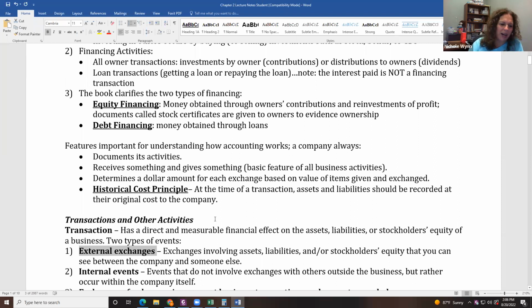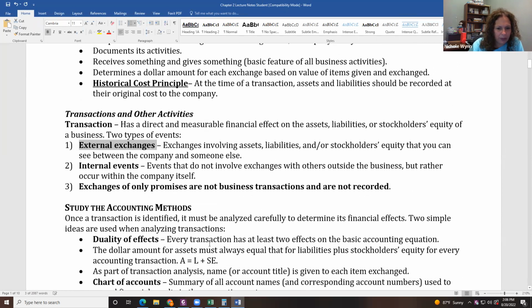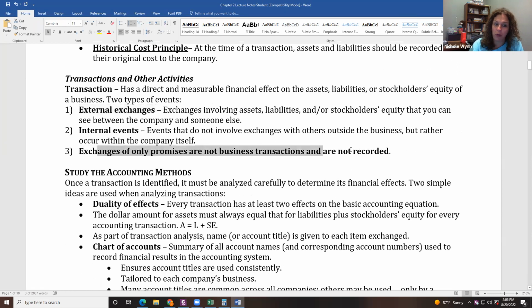And so, again, I don't really focus on that. One thing to point out, exchanges of only promises are not considered transactions. You actually saw that in the very first chapter, in that very first introductory activity. Do you remember Jack's dad said he'd buy Jack a Porsche if he did good in accounting? And we were like, we're not going to record that. We're not going to put that down because it's a promise for a future event and we don't know if it's going to happen.